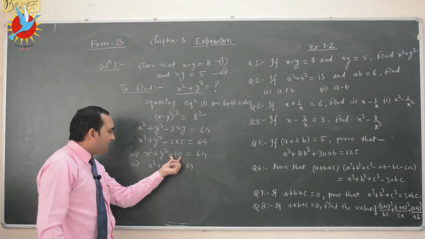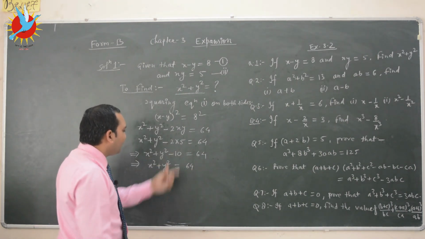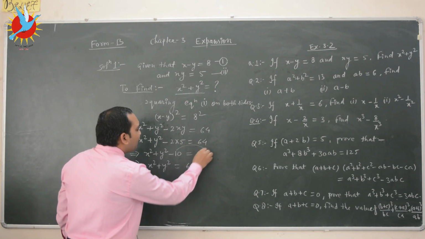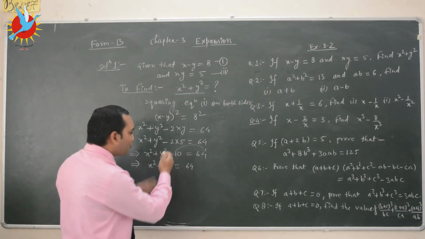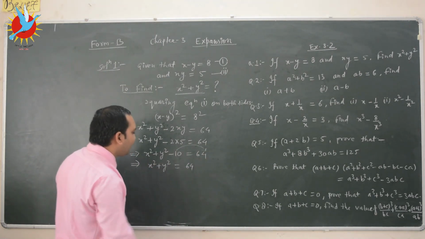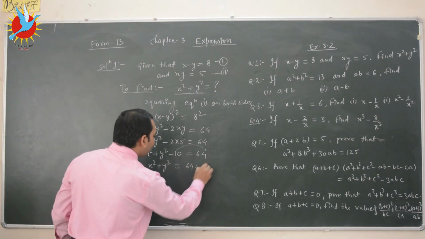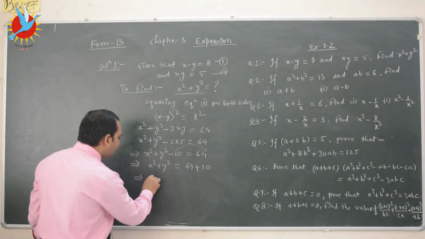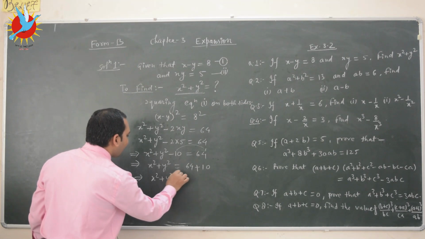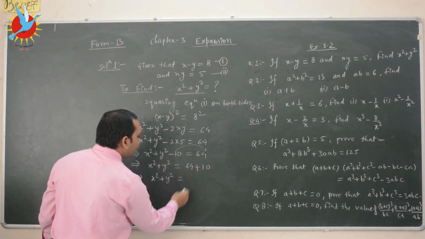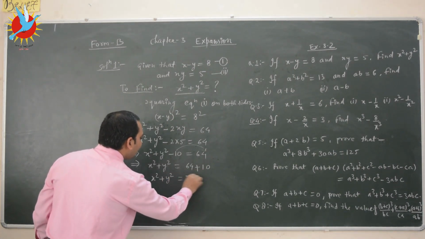On the left hand side the value is minus 10, it will be plus 10 when we transpose from LHS to RHS. So x square plus y square is equal to 64 plus 10, which is 74.